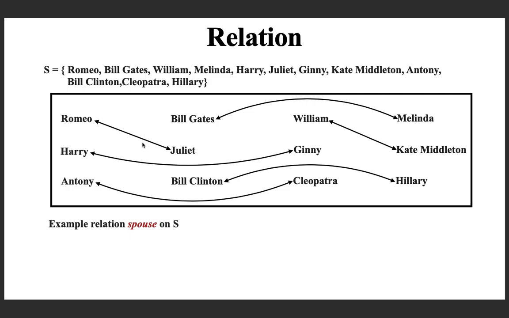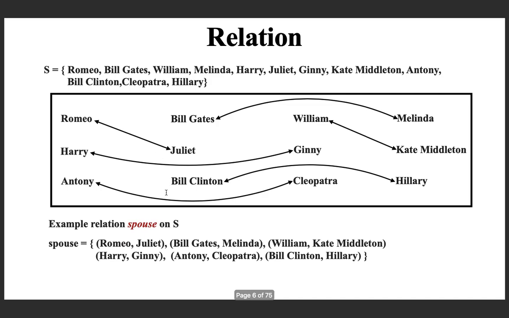It's a nice relation, and mathematically you can represent it as a set of pairs. Romeo Juliet is a pair because they are related, and in fact we need to have two pairs, Romeo Juliet and Juliet Romeo, but we are not explicitly representing them as two different pairs because they are the same couple. So, this is an example.